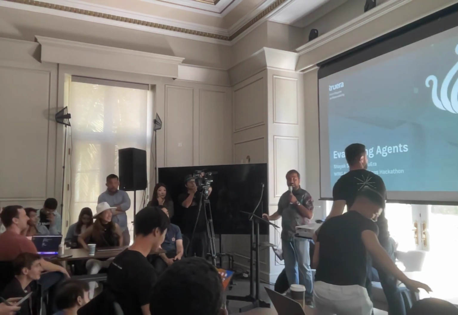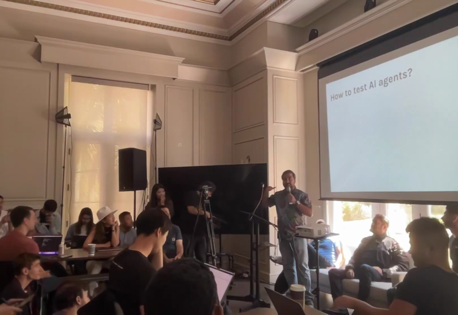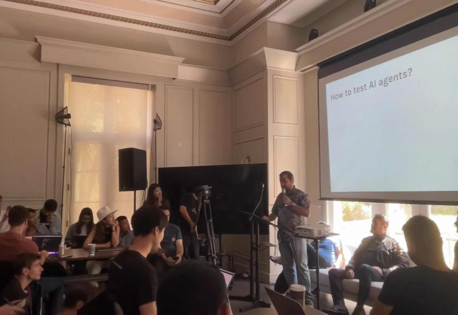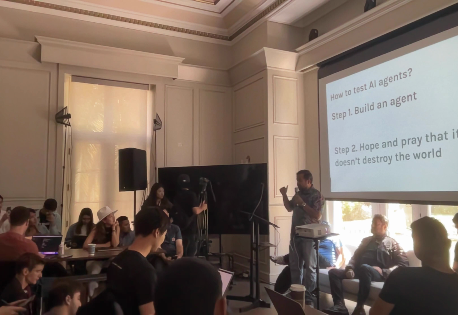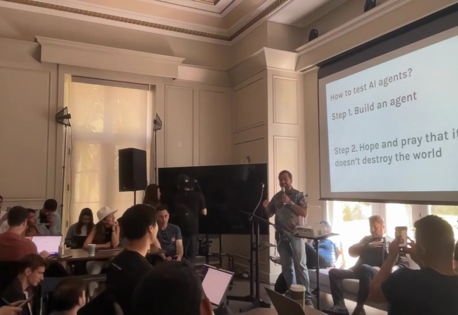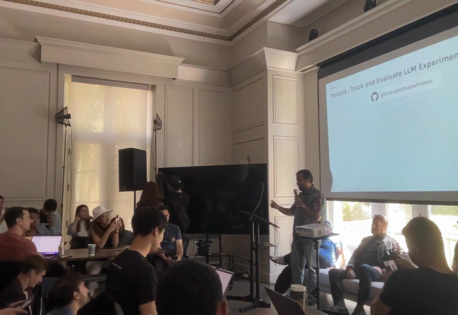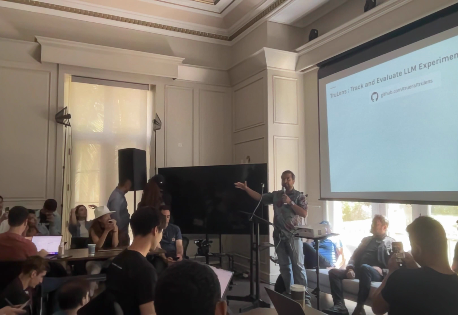So, how do we really test agents right now? Step one is we build an agent. Step two, we hope and pray that it does not destroy the world. So, easy two-step process. Except we're trying to do slightly better than that.